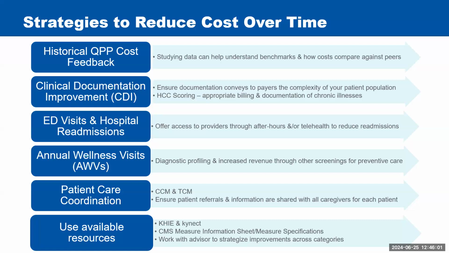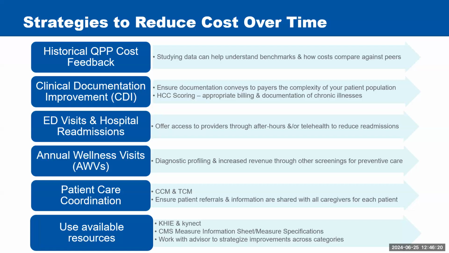We can have high costs and high quality, and CMS is a little bit more okay with that. But ideally, we want to have that equal balance. Low cost and high quality that balance each other out.